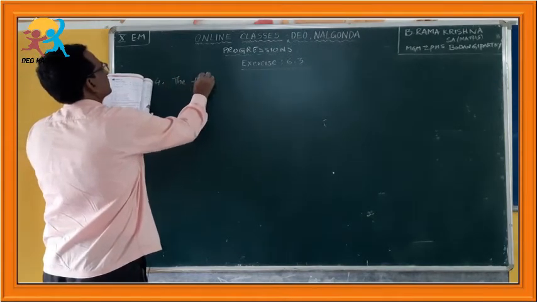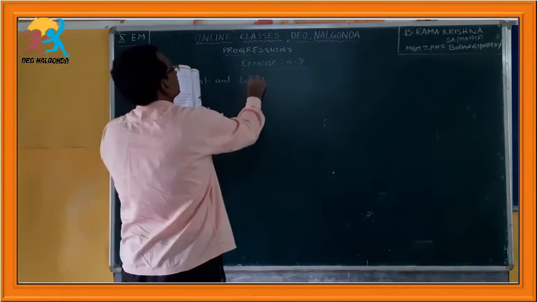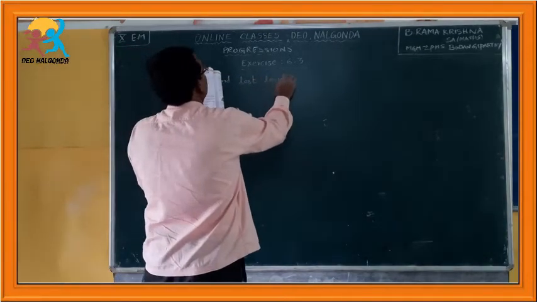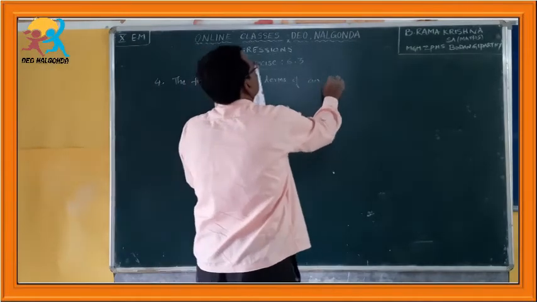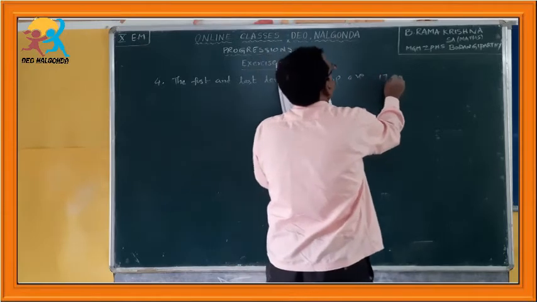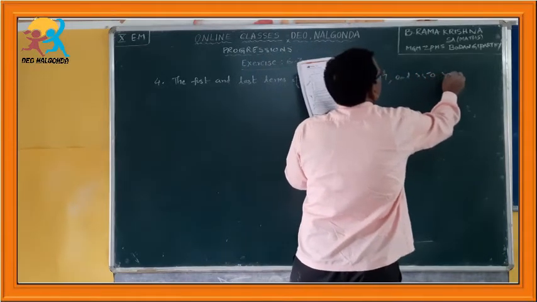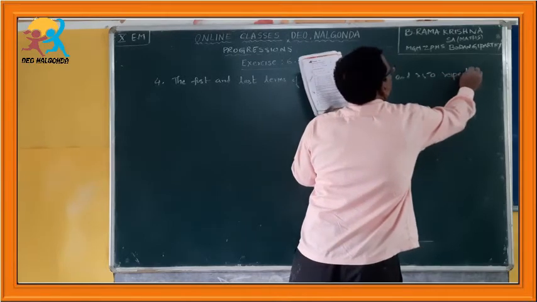The first and last terms of an AP are 17 and 350 respectively.